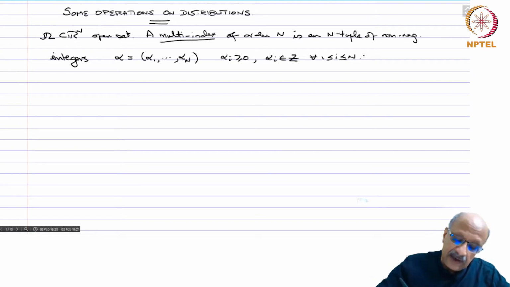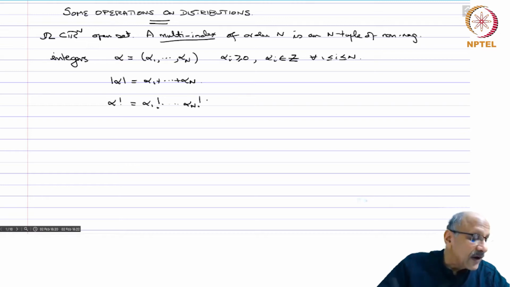Having a multi-index, we define the following notations. Mod alpha is nothing but alpha 1 plus ... plus alpha n. Alpha factorial is alpha 1 factorial multiplied by ... by alpha n factorial.